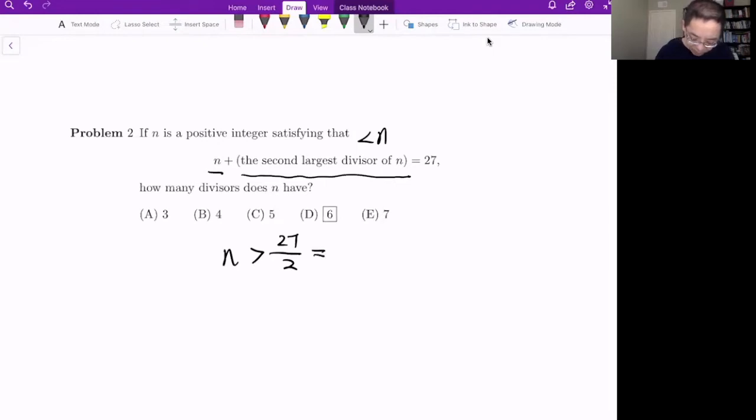Well, what's this? It's 13.5, so n is at least 14. So what are we going to do? There's a shortcut to solve the problem using algebra, but here we'll just do brute force. I'm going to list out all numbers from 14 to 27 and find the one that works for us.